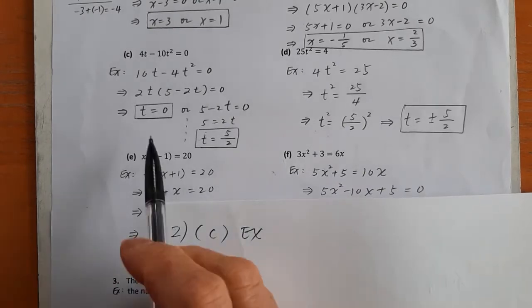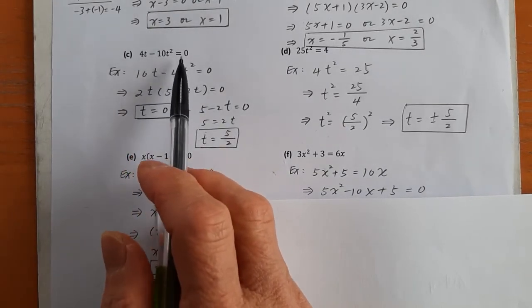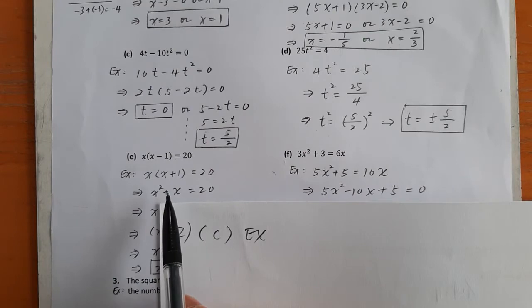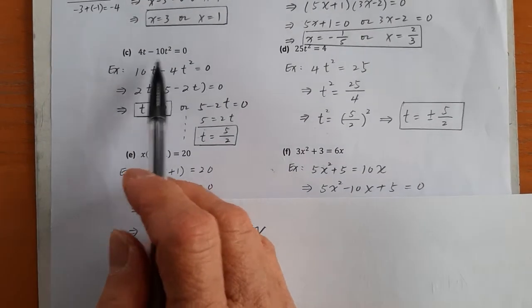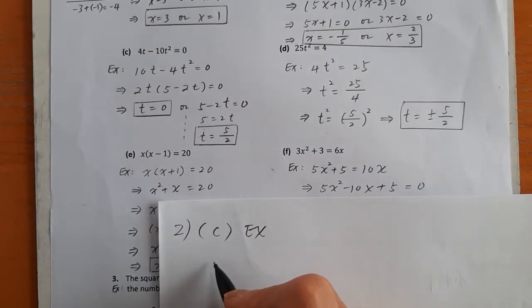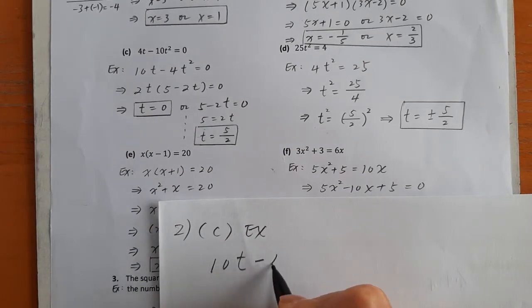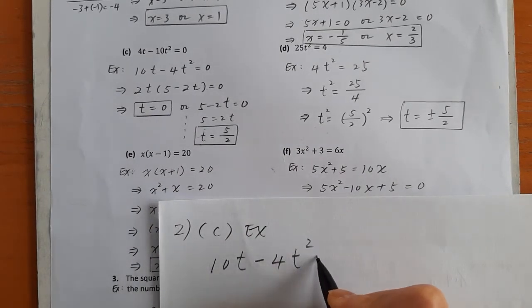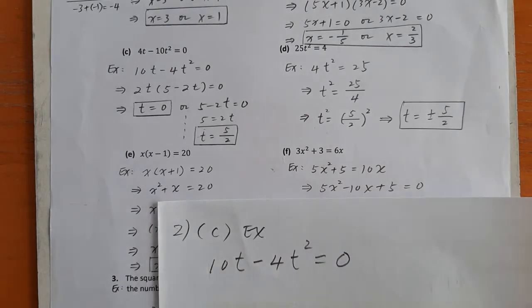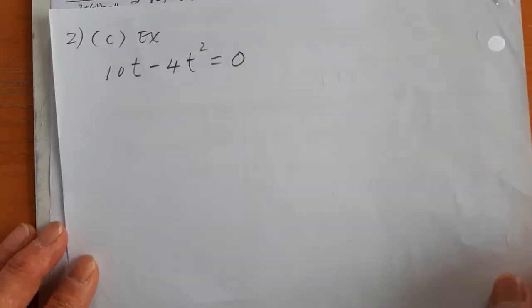Here it's 40 minus 10t squared equals 0. So I change the problem to an example like this: 10t minus 4t squared equals 0. So solve this.